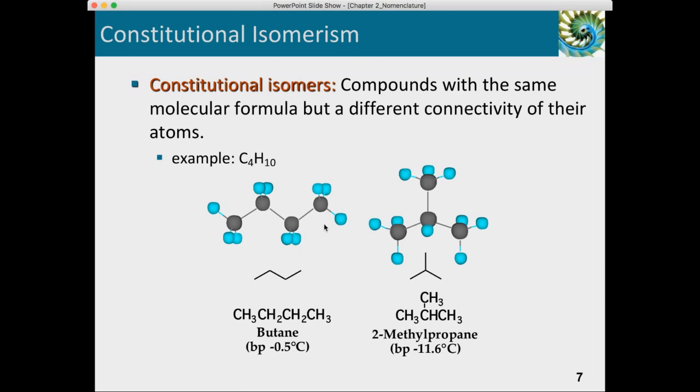So two compounds having the same molecular formula and different connections between the atoms, we call them constitutional isomers. Constitutional isomers, importantly, are different compounds and they have completely different physical and chemical properties.